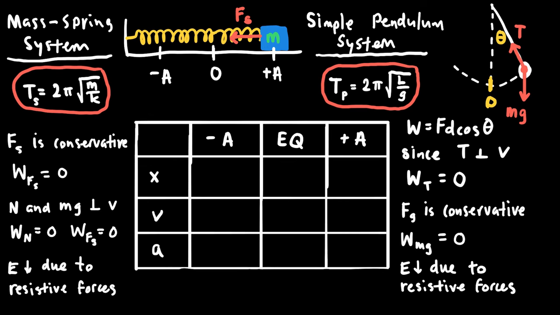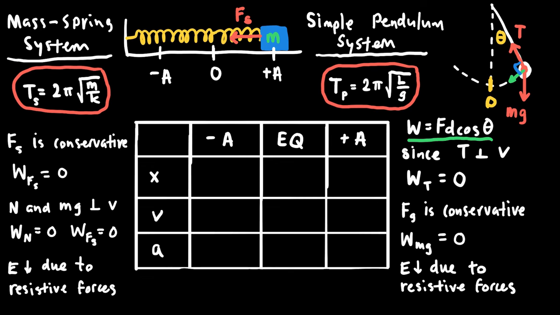So first, we know that work is equal to FD cosine theta. And here, in the picture that I've drawn, the direction that this pendulum would be moving is in the direction of that green arrow. And what I want you to notice is that the tension vector is perpendicular to that vector that I've drawn.